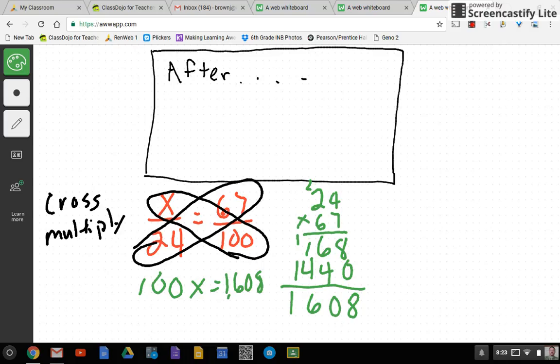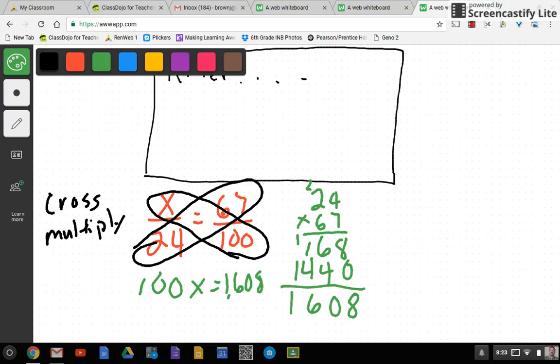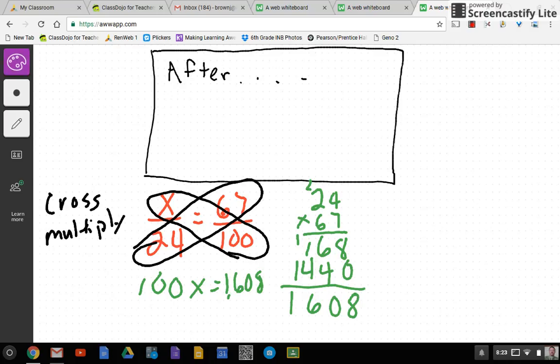Now, in order to solve the rest of this, I have to look at it as solving it like an algebra problem. Okay, I want the x by itself, and I am multiplying 100 times that x. So in order to get the 100 out of there, I have to do the opposite of multiply, which is divide. One way you can show division is draw a line.